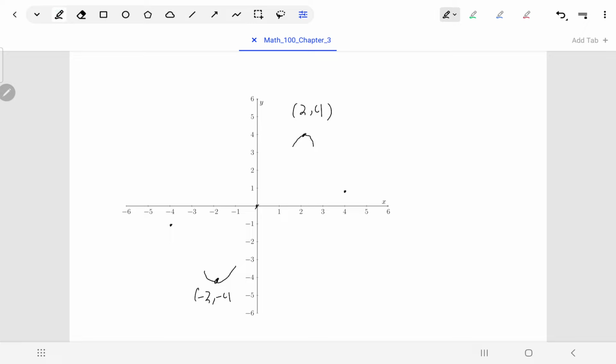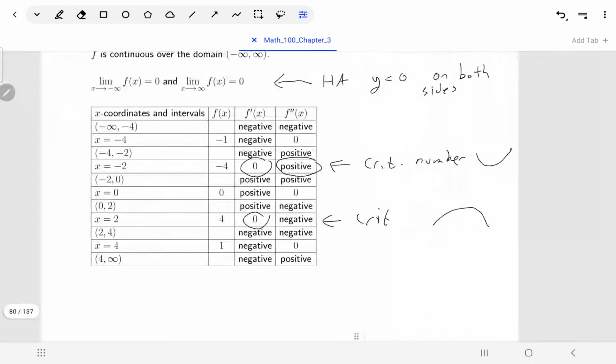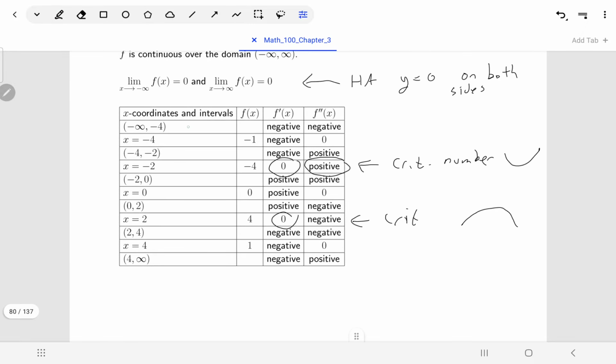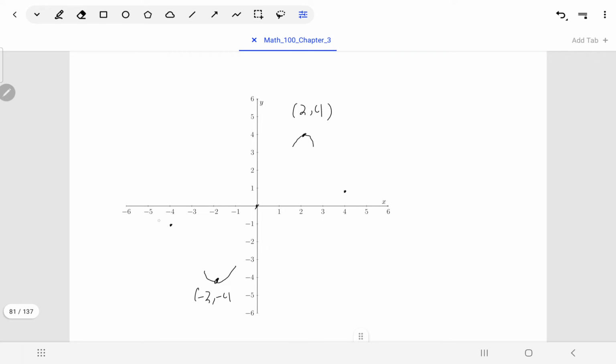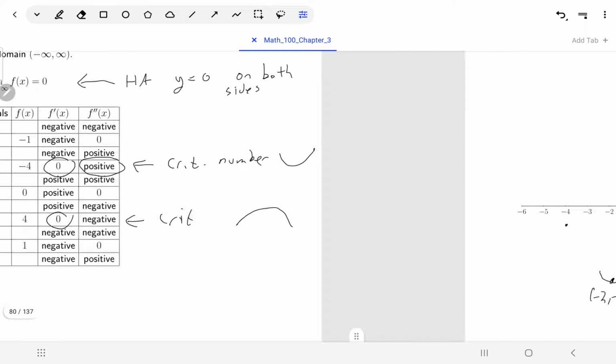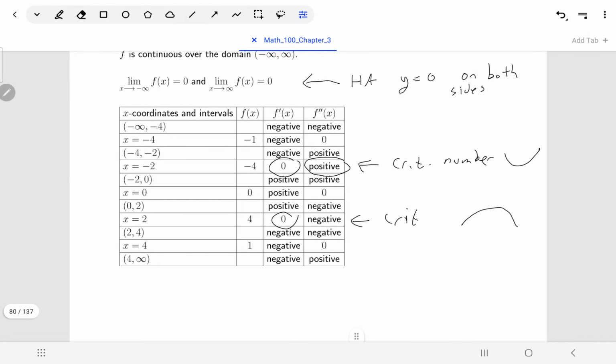Let's start thinking about the other stuff that we've already mentioned. So firstly, we already mentioned that as we're getting to that minimum value, we were decreasing and then we were decreasing some more. So if I'm thinking about my graph, decreasing and decreasing some more, that matches. If we're thinking about concavity, we also know that we're concave down all the way till -4, and then we become concave up after -4.